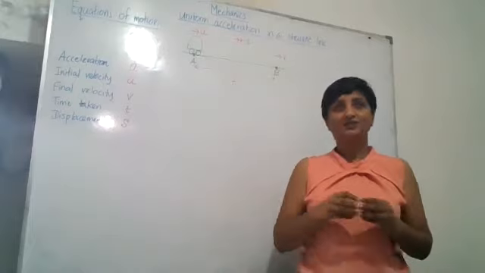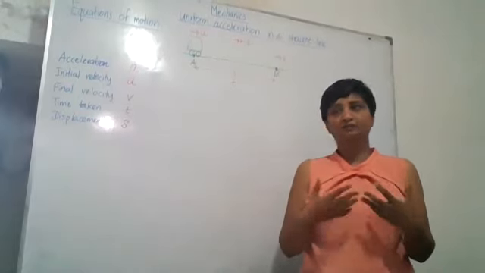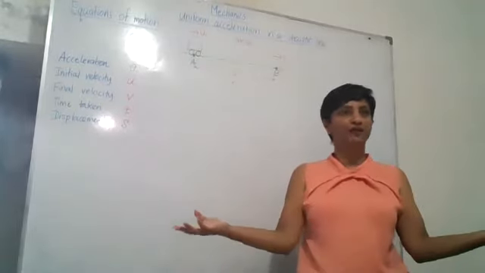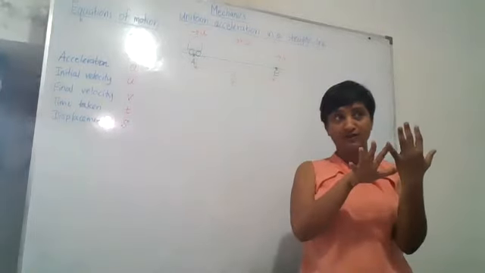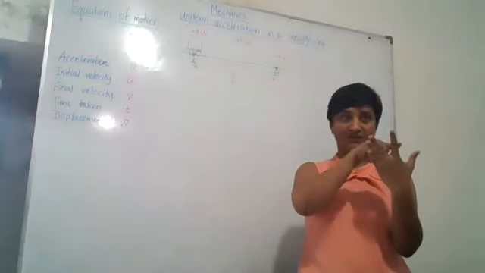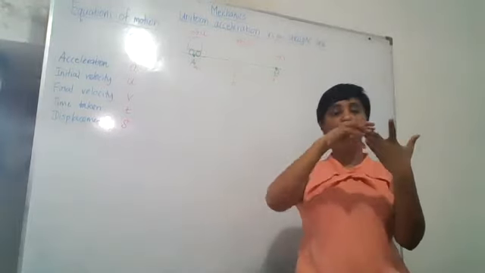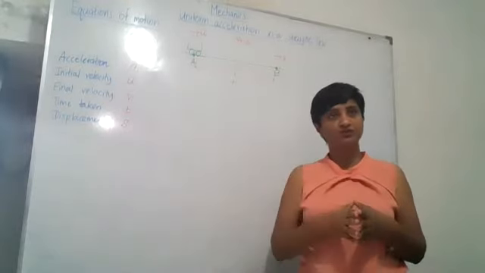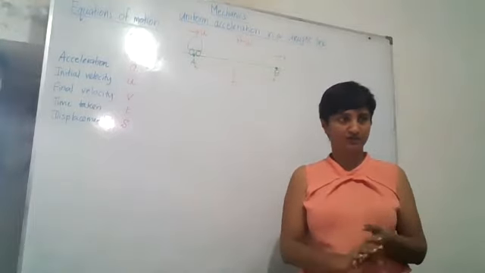By applying these equations, you can find the unknowns. If each one connects 4, that means if you know 3 of them, you can find the other one, and you can find the 5th one also. If you know 3 out of these, you can find the other 2 by the use of these 4 equations of motion.